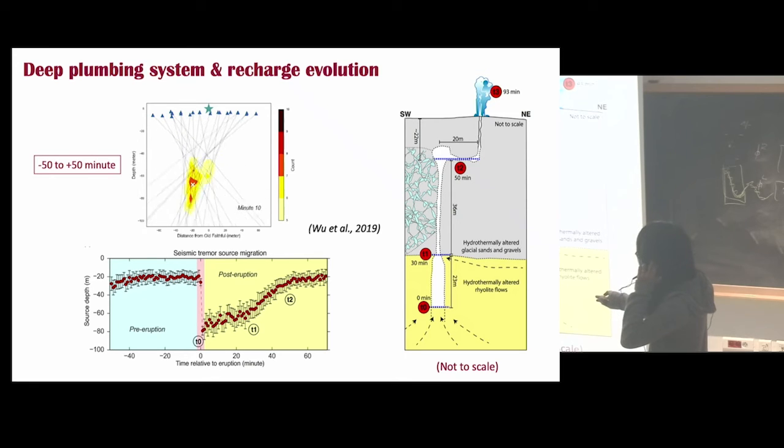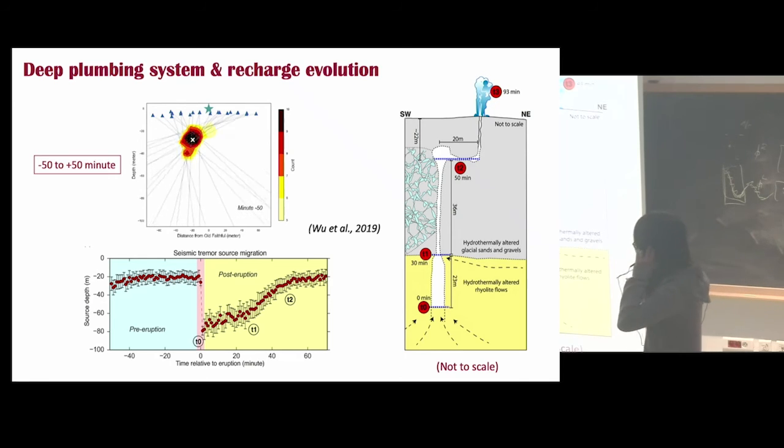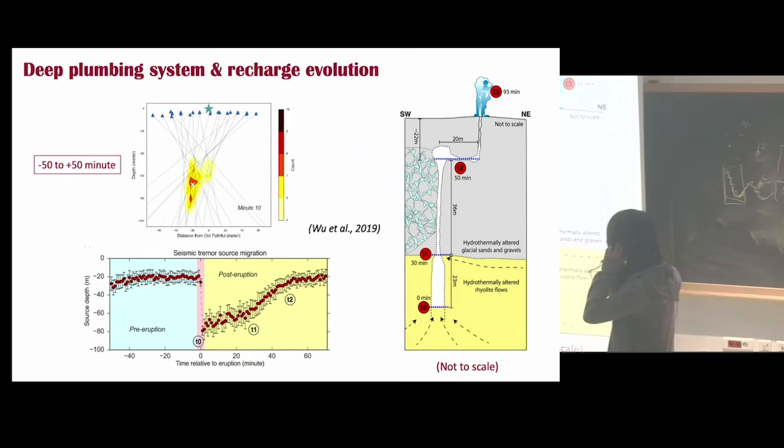It can also track the source depth as a function of time relative to eruption. This is eruption time. Before it, everything is within the bubble trap. Right after eruption, a lot of water got ejected, so there's a depressurization process, so that the deepest portion will immediately start to boil or a lot of bubbles nucleate, and that causes the very strong, very vibrant 1 to 5 hertz signal we are seeing.